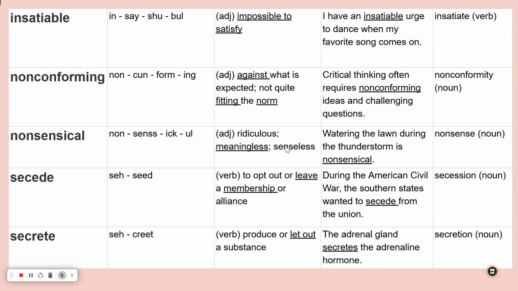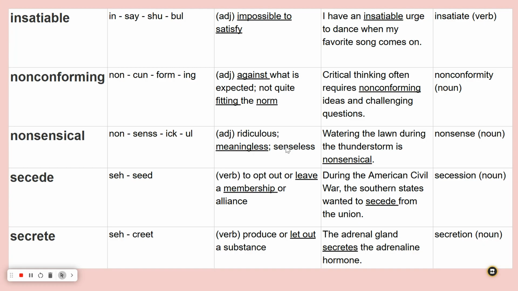And then secrete. Secrete, kind of an icky word for some. It's kind of like ooze or gush, okay, or leak. Secrete is a verb. It means to produce or let out a substance. Kind of thinking of the word diffuse from our other vocab list.